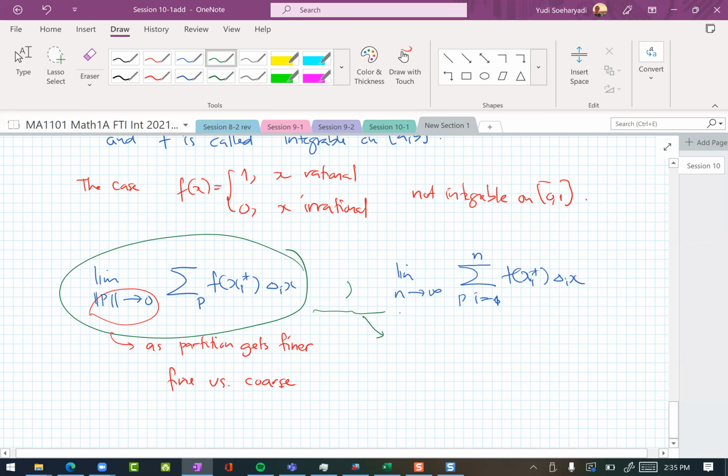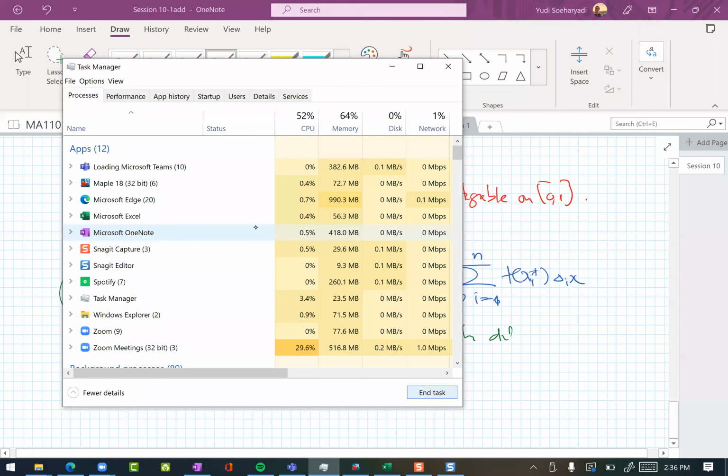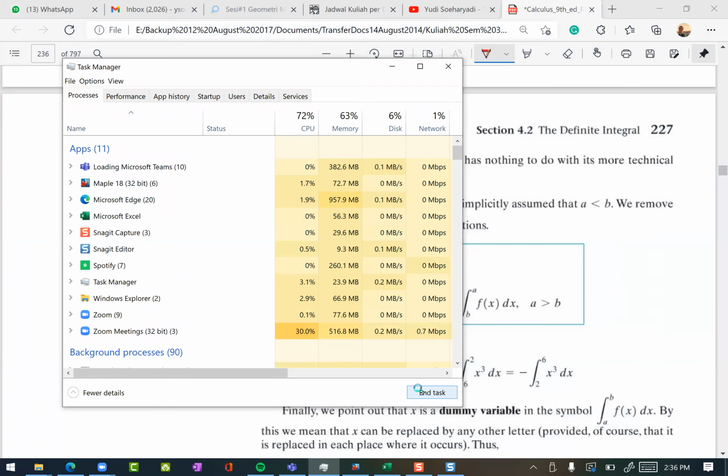So what is the difference? One note stuck. Kill is off first. One note. There, and ask.